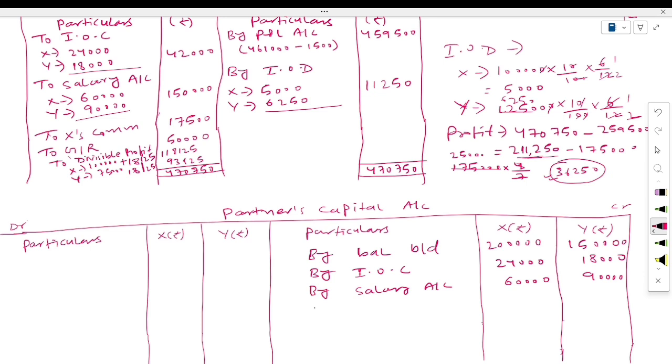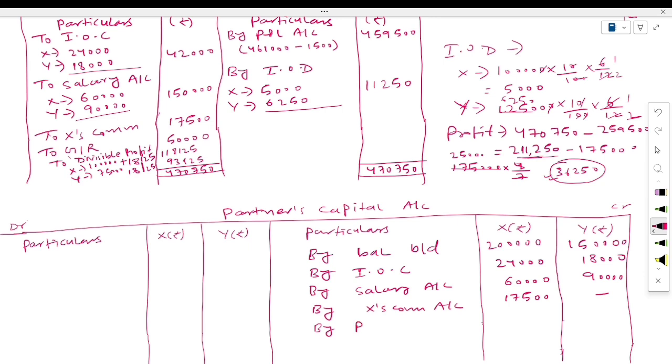Then we will transfer here by commission account. X commission only here. So we will transfer in X account only 17,500 X commission. Now we will transfer also the divisible profit.